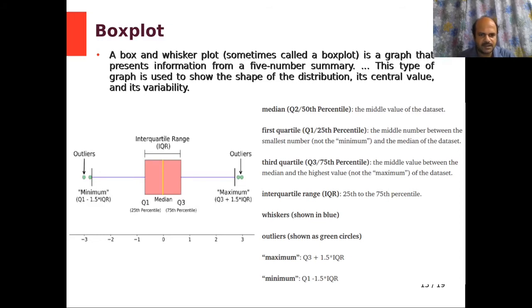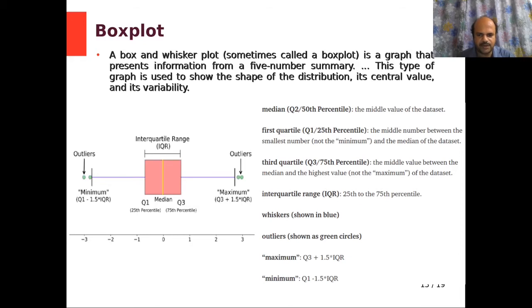With the calculation of this IQR, Q1 and Q3, we are able to find the minimum and maximum value. There is a fixed formula to get the minimum and maximum value. For the minimum value, we have Q1 minus 1.5 times IQR.